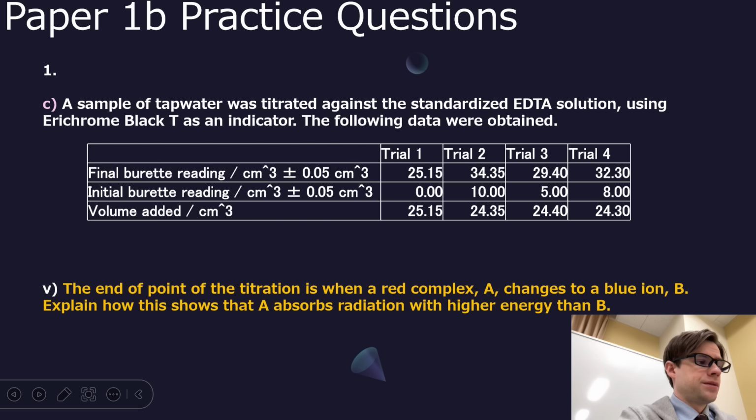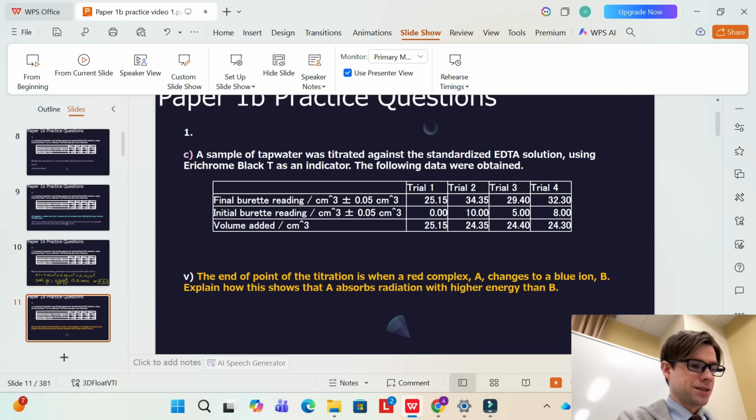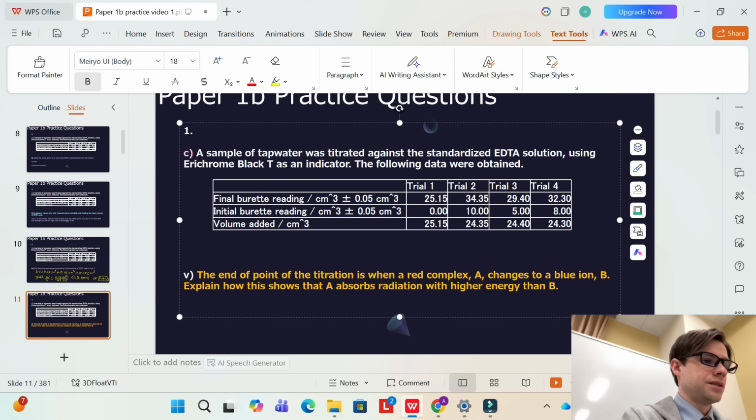Now, part 5 of C, the endpoint of titration is when a red complex A changes to a blue ion B. Explain how this shows that A absorbs radiation with higher energy than B. Okay, so this is more of a theoretical thing, where if you've studied electron transitions and transition metal complexes and ions and how they interact with light and colors, you'll be able to answer this very well. But here's what I would say.